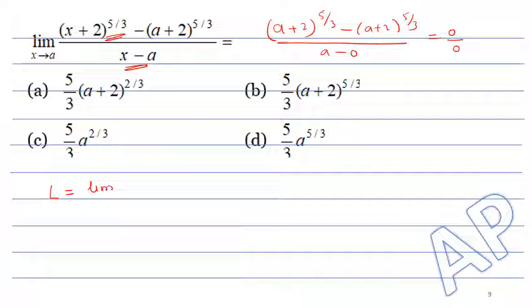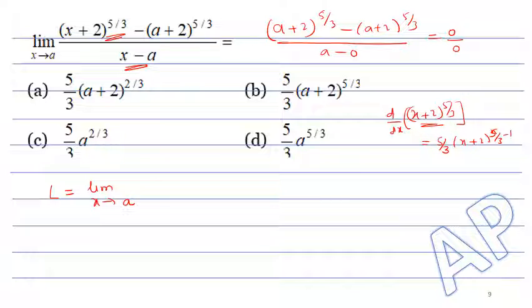Now it is limit as x approaches a of the derivative of (x plus 2) whole to the power of 5 by 3. The derivative of something to the power of n is n into something to the power of n minus 1, that is 5 by 3 minus 1, into the derivative of x plus 2, which is 1.